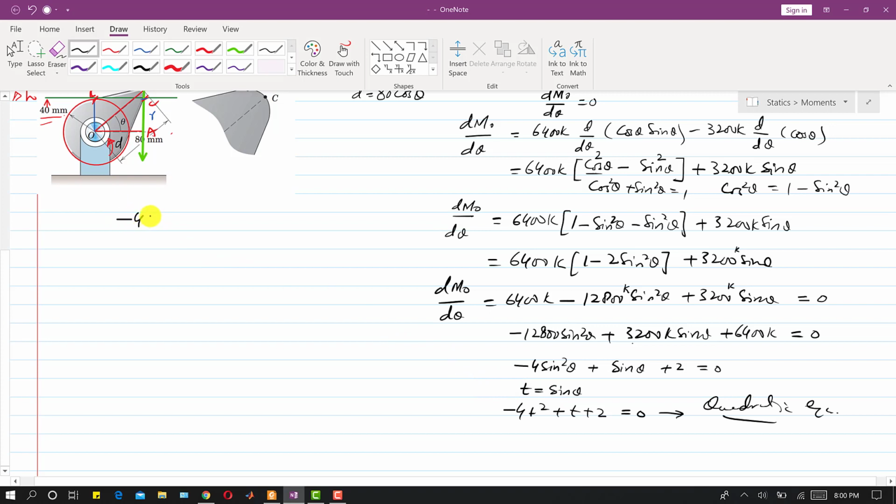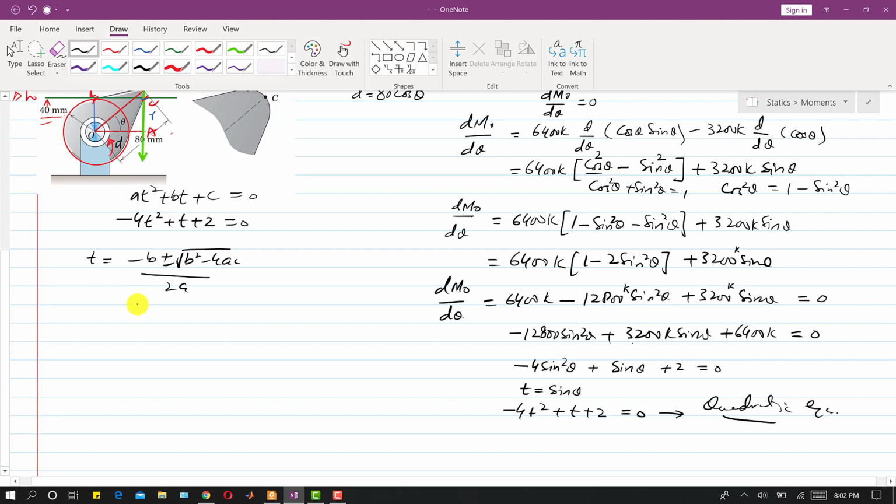So it will be minus 4t² plus t plus 2 equal to 0. To find t, we will use the quadratic formula: t is equal to minus b plus minus square root of b² minus 4ac, divided by 2a. In this equation, the form is at² plus bt plus c.